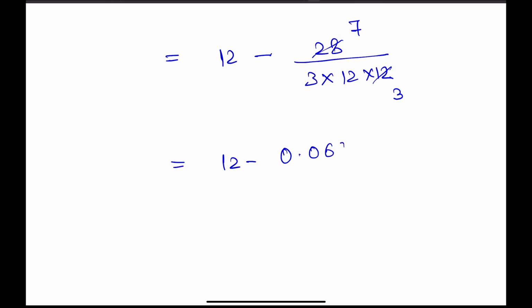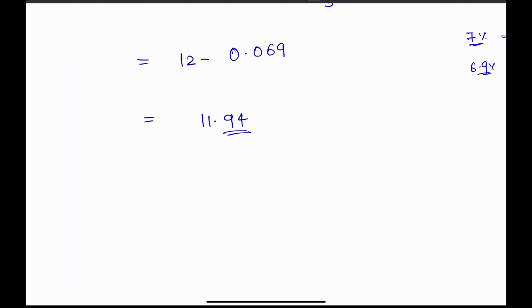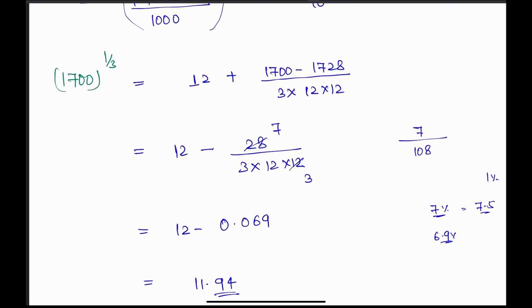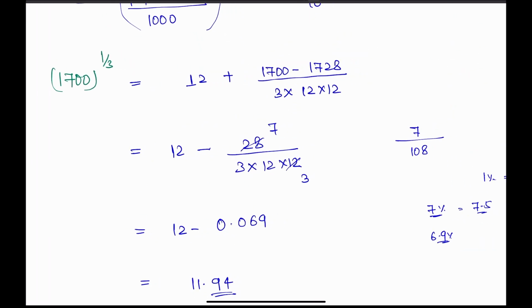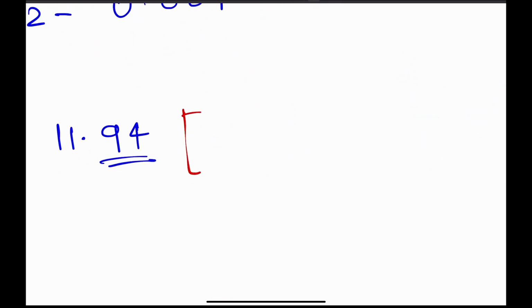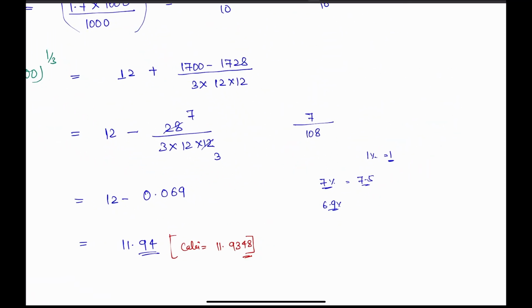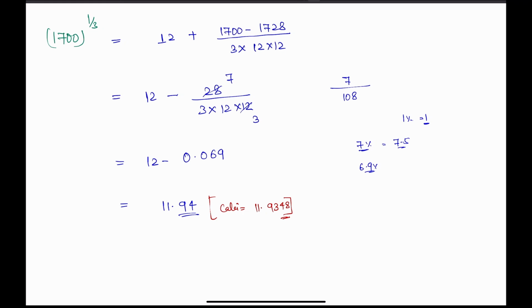In the fraction we are converting, it will be 11.94. Okay, and if we calculate with the help of calculator for the sake of confirmation, with the help of calci we will get 11.934. So 9348. Somewhat we are already near.